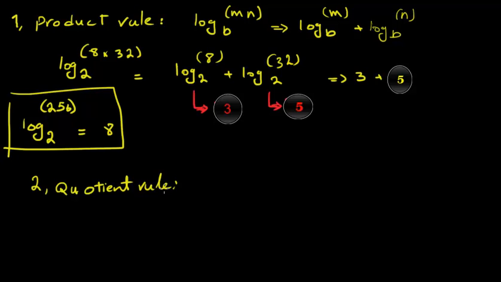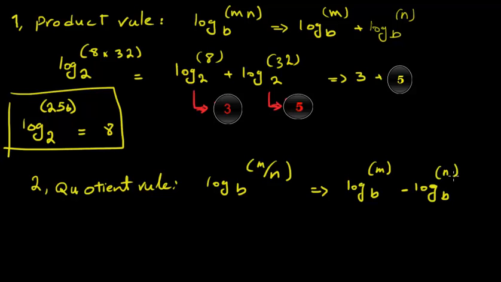In the previous rule, the multiplication became addition, right? Likewise, if you have a division, it becomes a subtraction. The rule says if you have a division, you can turn it into a subtraction and write it as separate statements. So the law says that log b of m over n can be written as log b of m minus log b of n.